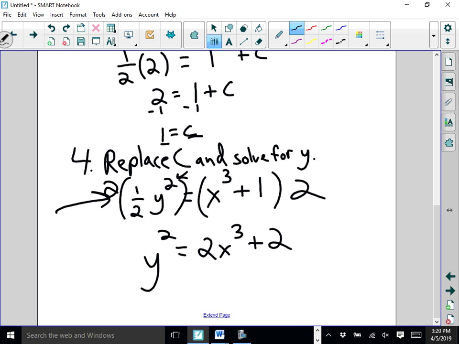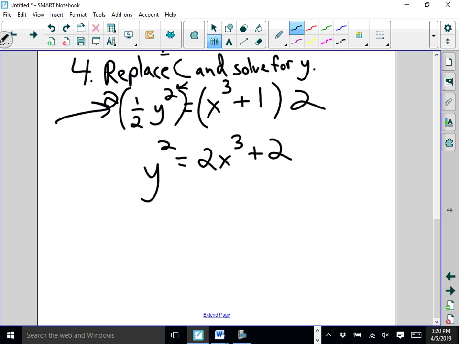So we need to be very careful, and we're going to use that initial condition, that point we have, to help determine. So here's what we do. I'm going to write y equals the square root of 2x cubed plus 2. But again, right now I don't know, is this plus?